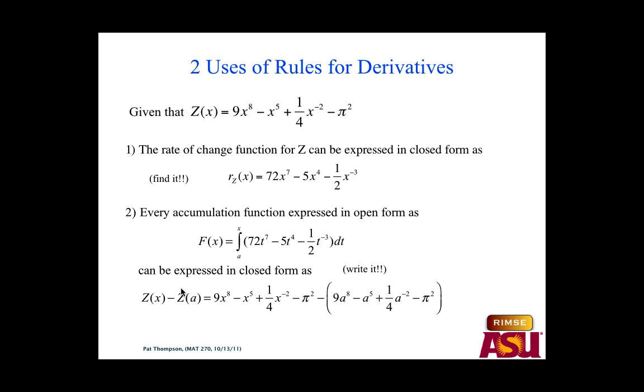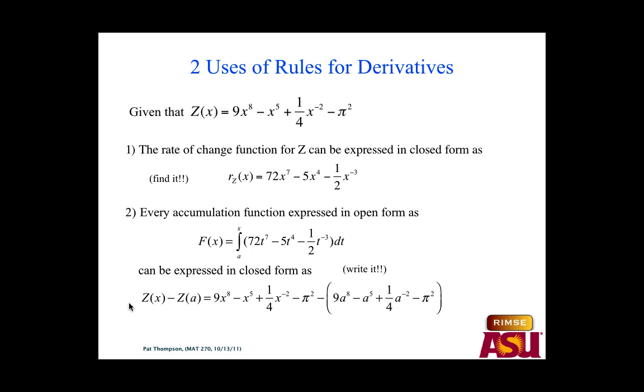Or in other words, it's the difference between z of a and z of x. Z of x being the final, z of a being the initial. So I can express changes in function z between 2 points in time, a and x here. X is kind of general. A is a parameter representing some reference point, some starting point of accumulation, although it could be anything.